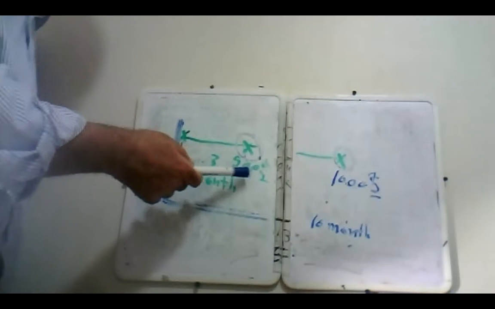Again, as an example, I will take $500 from the bank after 3 months, and I will take $1,000 after 7 months from now. So I will take $500 after 3 months from now, right? Here is now. This is now.